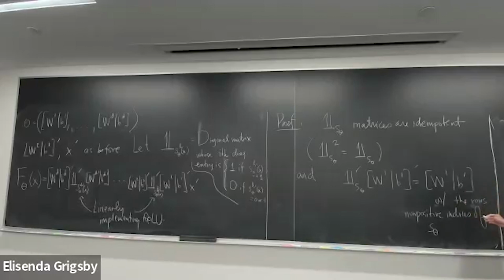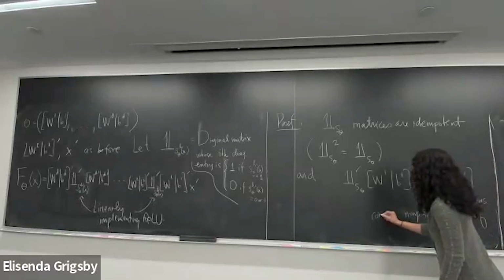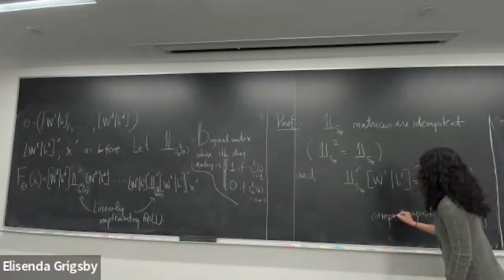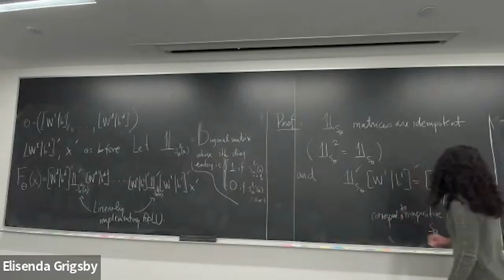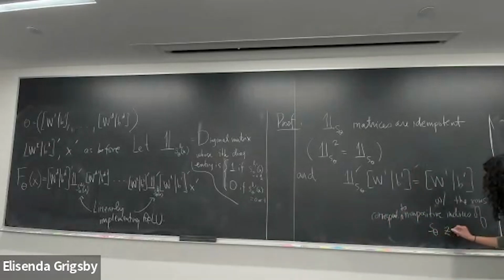Anyway, with the rows corresponding to non-positive indices, and analogously with the multiplication on the other side. Okay, I've probably beaten this horse too long.